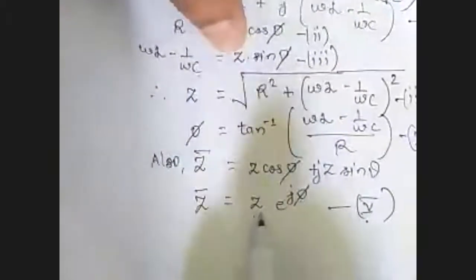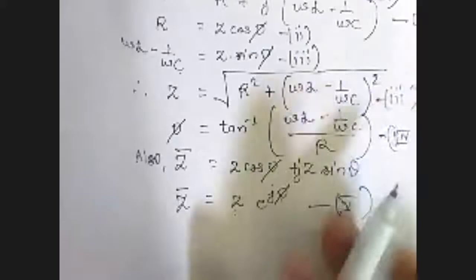Good, thank you. So Z bar is equal to Z times e to the power j phi. These steps are clear? Any doubt? Same thing we are dealing with, right? We are doing the same thing, whatever we have done.